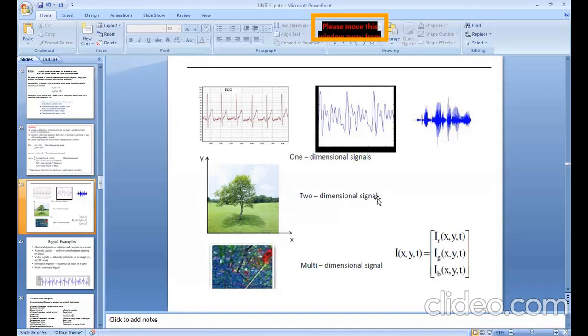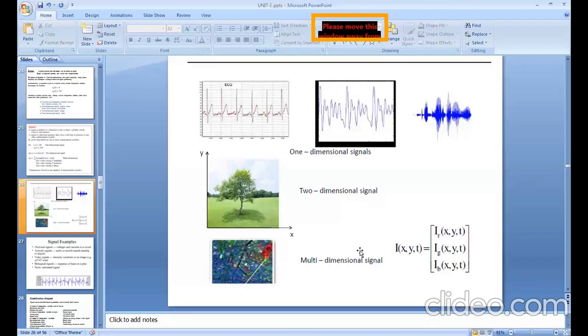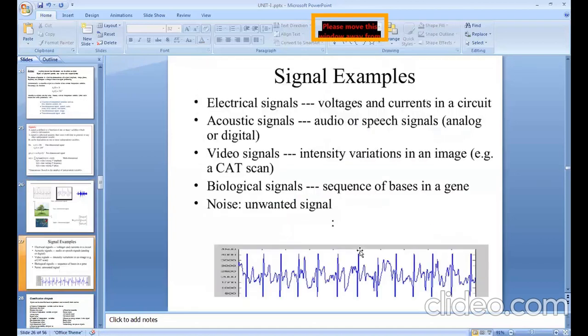Because of this light intensity, these signals are represented. So I of X, Y, T is represented as IR of XYT, IG of XYT and IB of XYT.